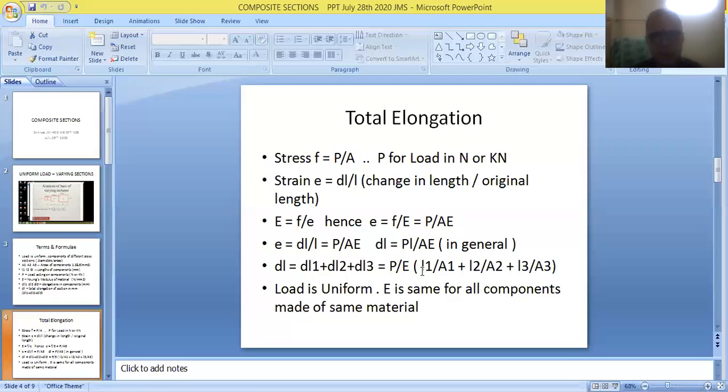Load is uniform. P values are one and the same, coming out of the bracket. And E values are all the same, made up of the same material. It's also coming out of the bracket. So friends, this is the formula to be applied for solving problems on uniform loads and varying cross sections.